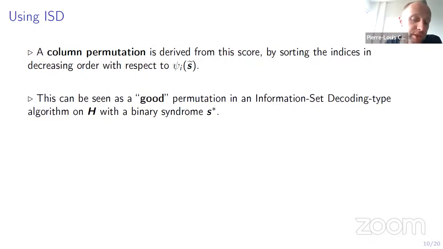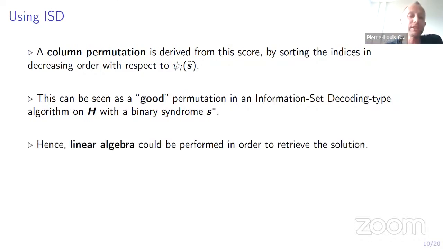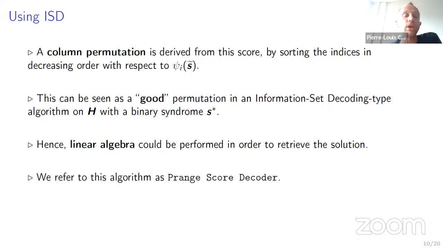Because in the information set decoding algorithm, as you already heard during the last days, we need to find first a permutation of the columns, then we do a Gaussian elimination like transformation, and our score here gives the good permutation. When we have this good permutation, we just do linear algebra, Gaussian transformation, and we directly obtain the result.